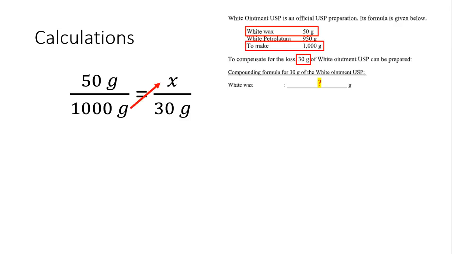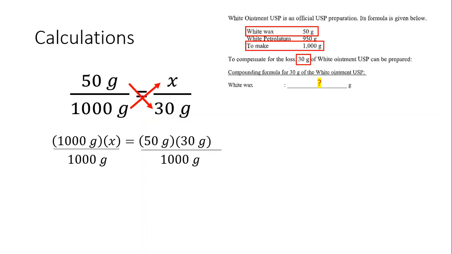We can cross multiply both these sides and get our equation of 1,000 grams times X is equal to 50 grams times 30 grams. By dividing both sides by 1,000 grams, we isolate X, cancel out our units, and get X, which is equal to 1.5 grams.